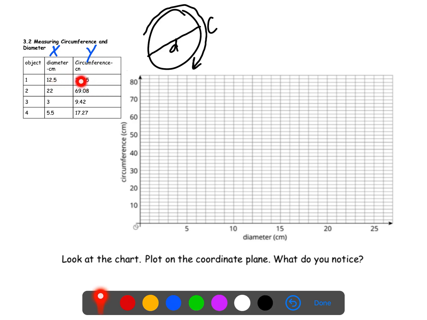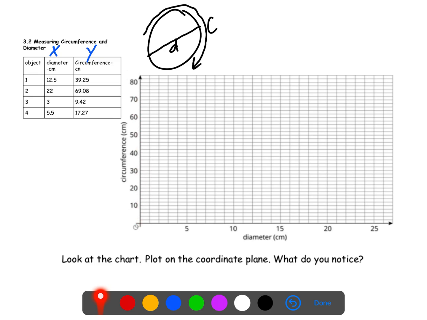So those are our two measurements here of object 1. We're going to find 12.5 on the x-axis, 39.25 on the y-axis, and we're going to have to do some estimating here because looking at our intervals, these are not nearly precise enough to be exact with our points.